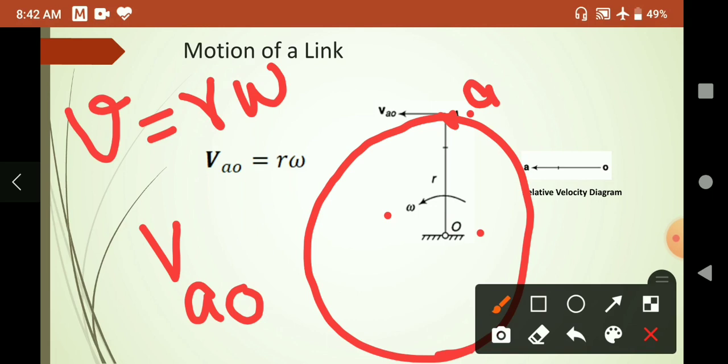So omega can be written as the angular velocity of link AO, and r is the radius of the circular path.